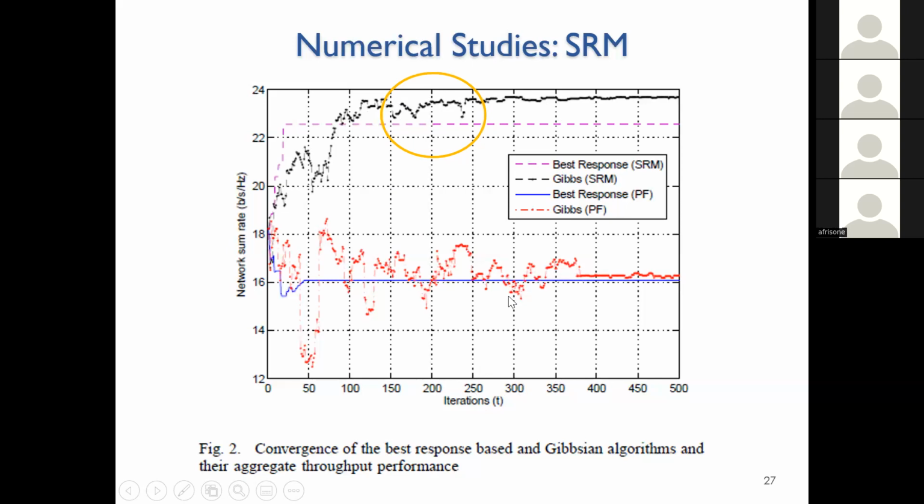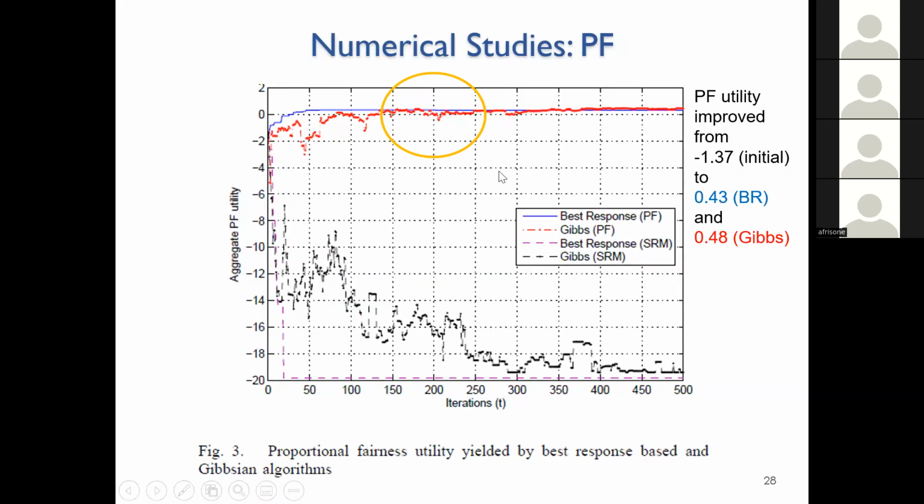Now I'm going to show you the plot in terms of the utility function of proportional fairness. This is the result of proportional fairness when you apply the utility of PF. So you see that in this, we are able to maximize the PF as much as possible.